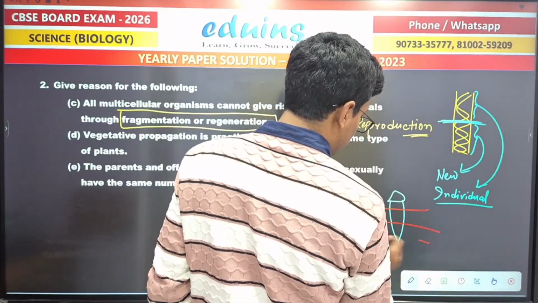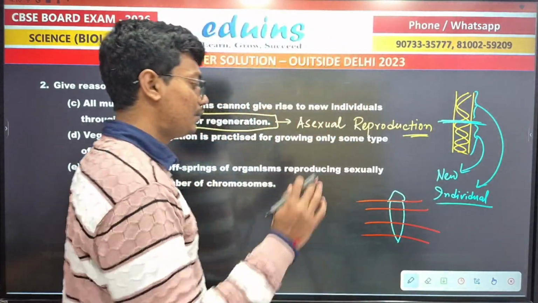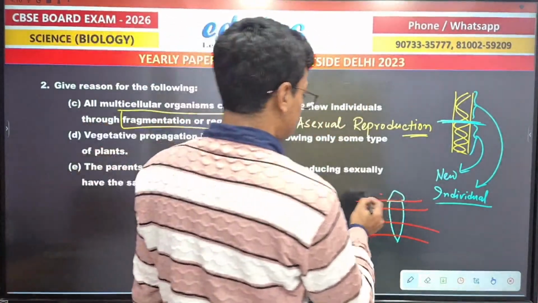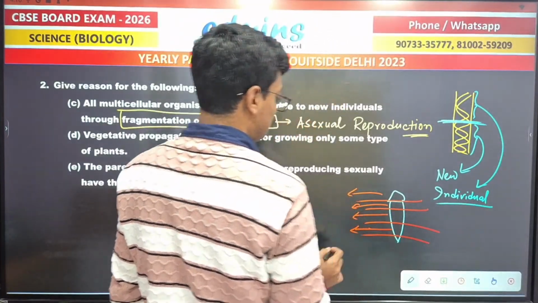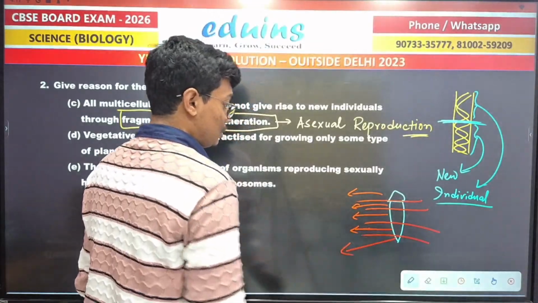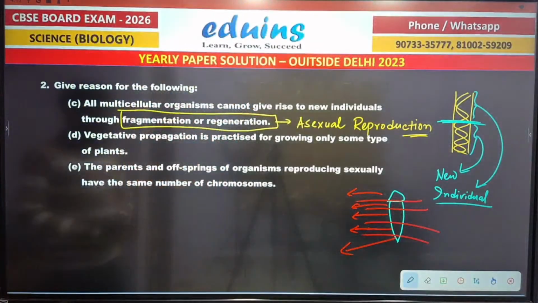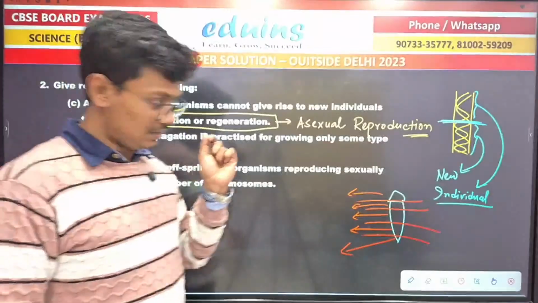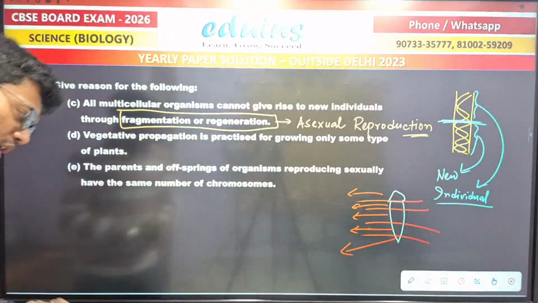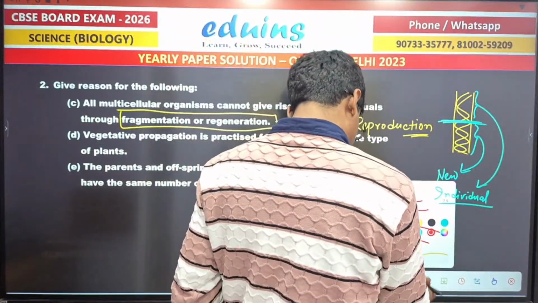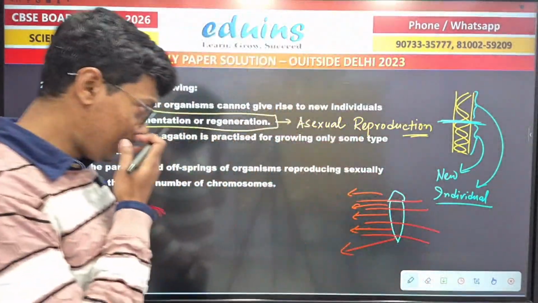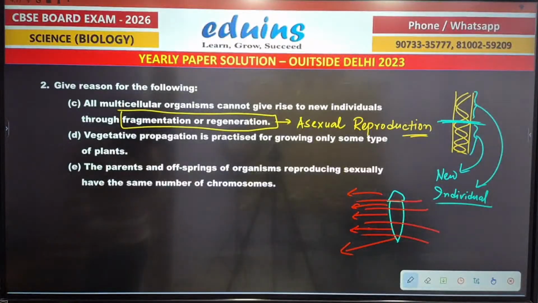If cut into several pieces, each piece gives rise to a new individual. So this occurs in specific organisms, but not all multicellular organisms can give rise to new individuals through fragmentation and regeneration.